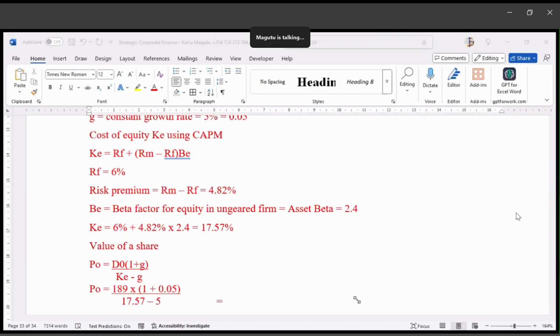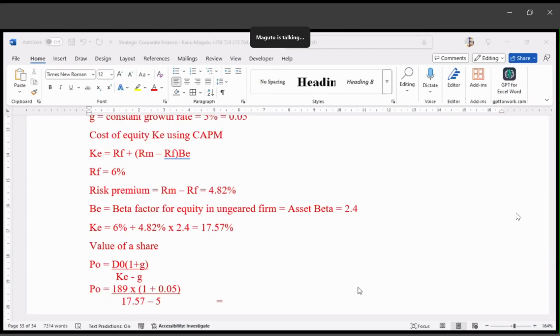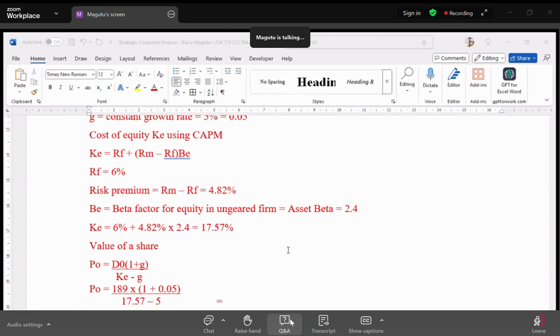Why do we use CAPM or KE to calculate MPS? I think we can use MPS, no problem. I picked what was available, so there would be no issue.